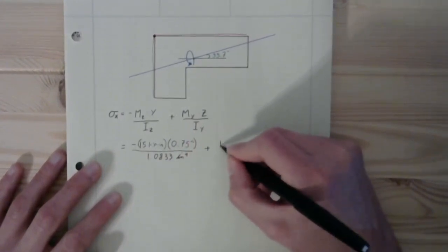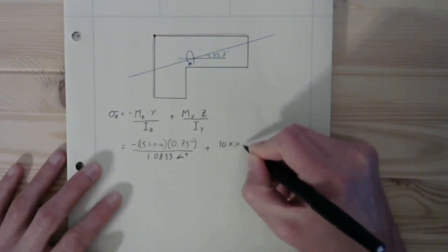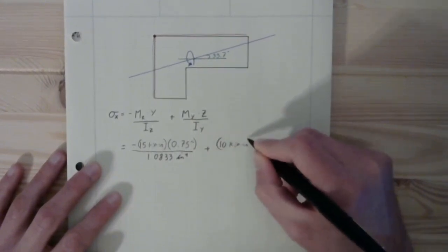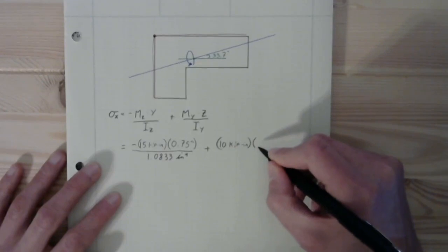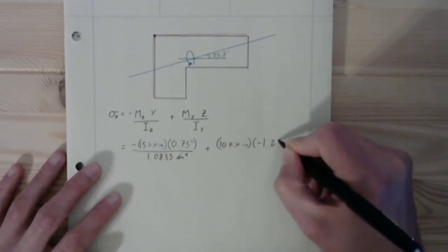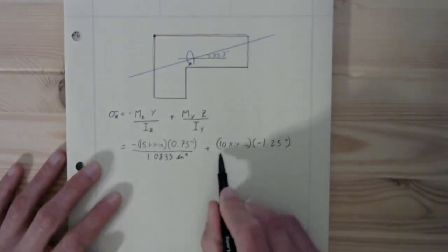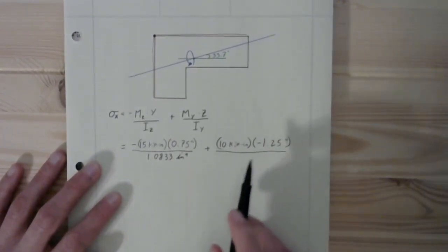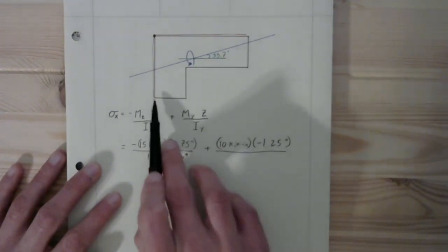plus 10 kip inches. That's our moment about the y-axis times our lever arm. The z direction is going to be negative 1.25 inches. Good, because both of them should be causing compression.